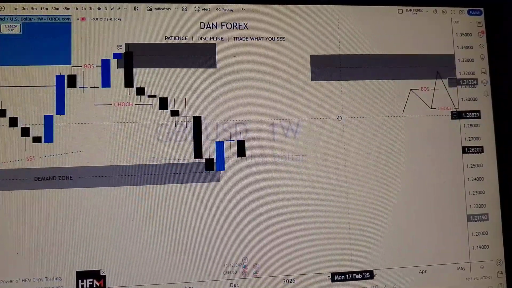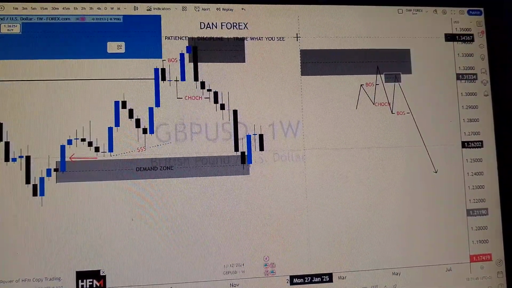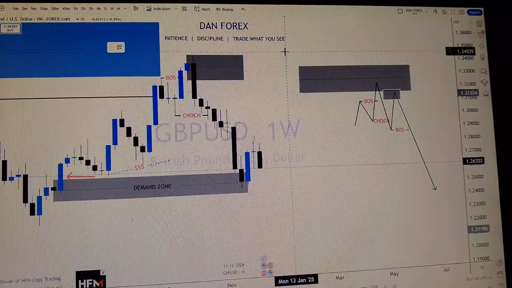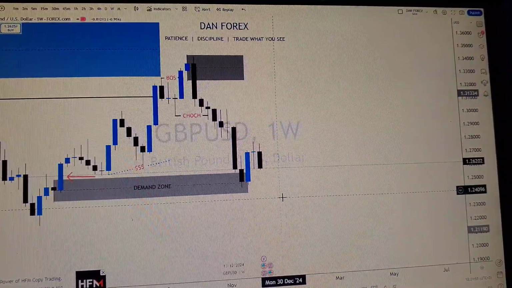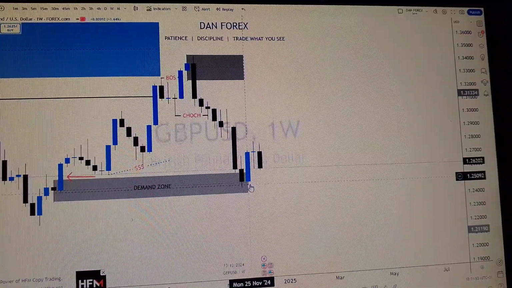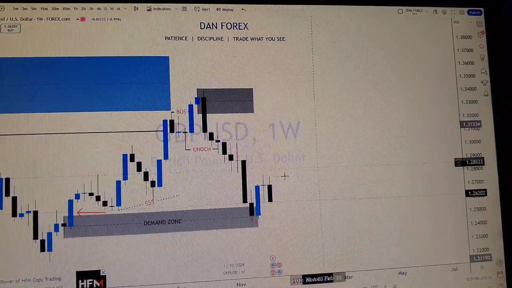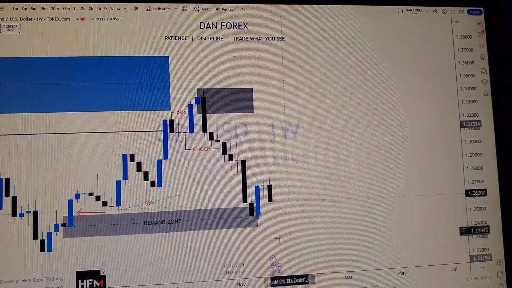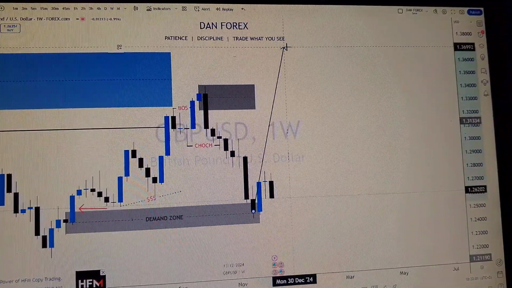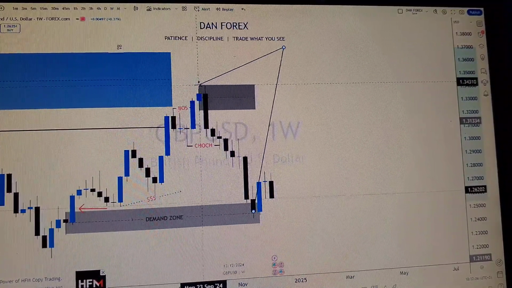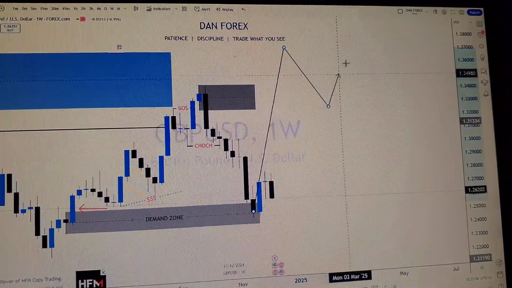All right, so we've all known that we are supposed to be looking at this area. So what are we expecting? If this demand zone is going to hold this market and it breaks this high like this here, we expect something like this, and we continue.